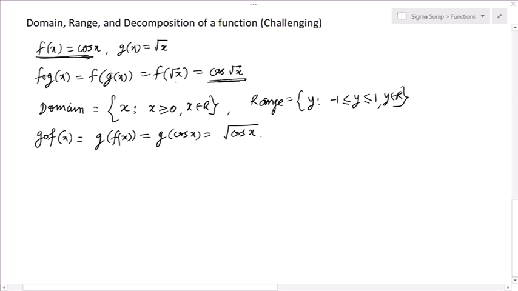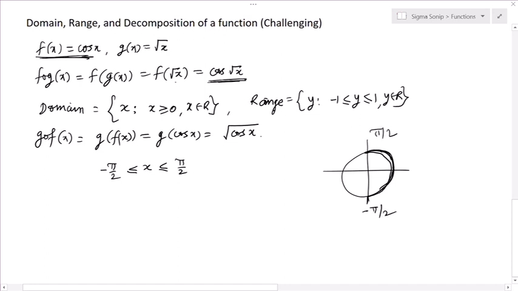A very simple domain could be this: x lies between -π/2 and +π/2. This follows from the unit circle, and we know that cos x is positive in this range, which starts from -π/2 and finishes at π/2. That could be the principal domain, but because it's a periodic function, it's not enough.